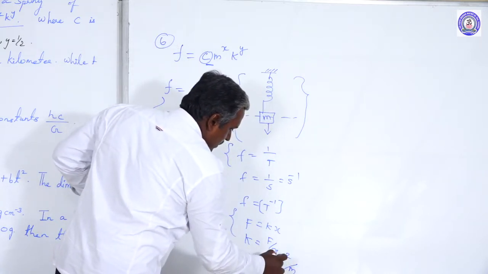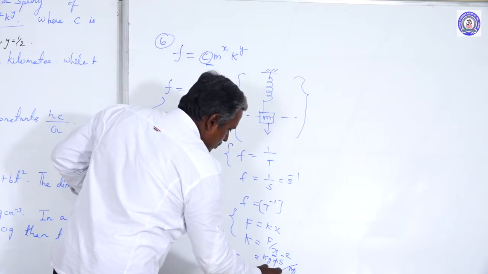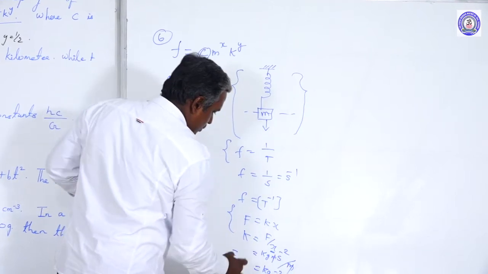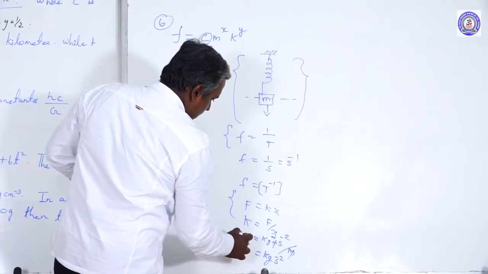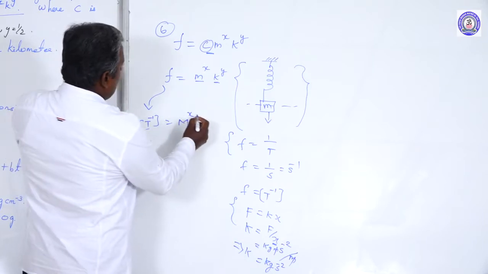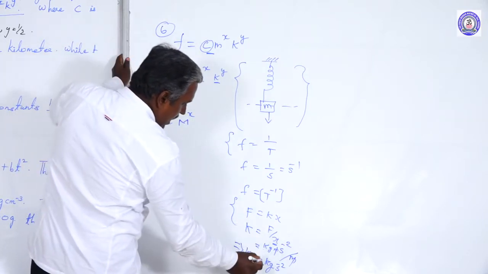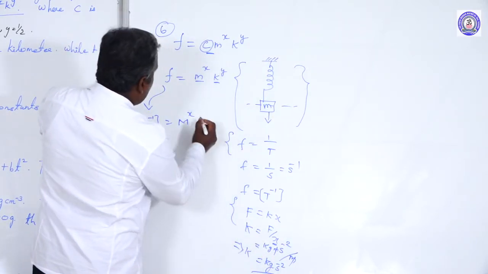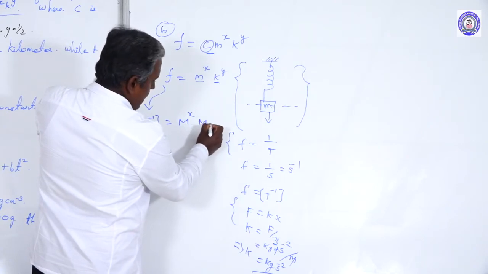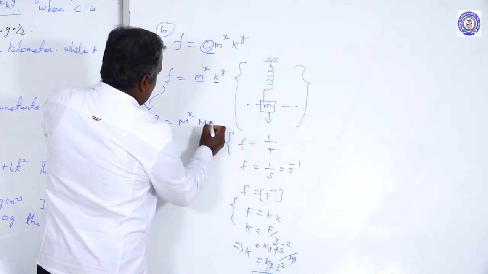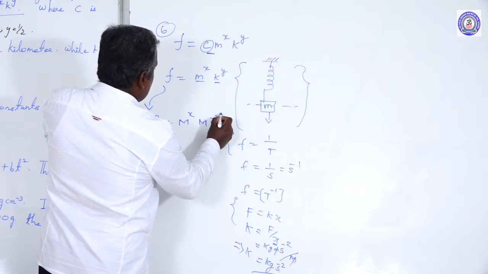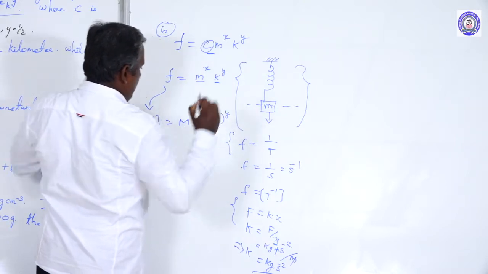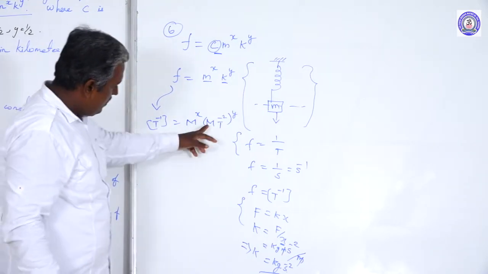So meter cancels. So kg s power minus 2 for k. So the dimensional formula for k is M T power minus 2, whole power y. Clear?